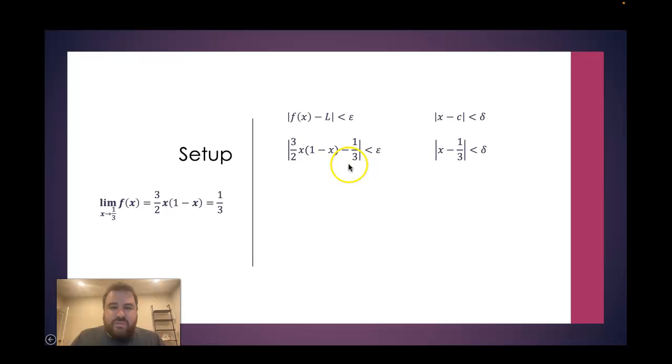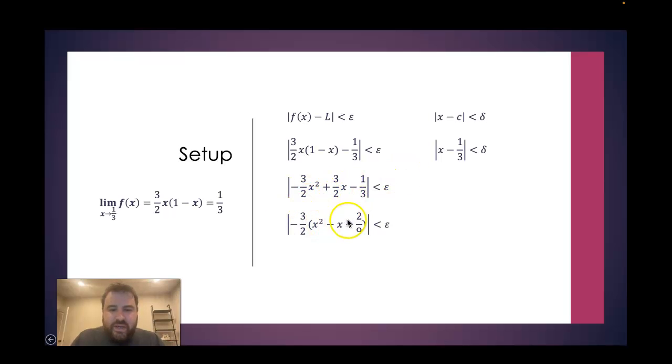So let's start. First, we'll move 3 over 2 x into 1 minus x. That gives us negative 3 over 2 x squared plus 3 over 2 x minus 1/3. From that, we'll factor out negative 3 over 2. And we're left with negative 3 over 2 times x squared minus x plus 2/9.